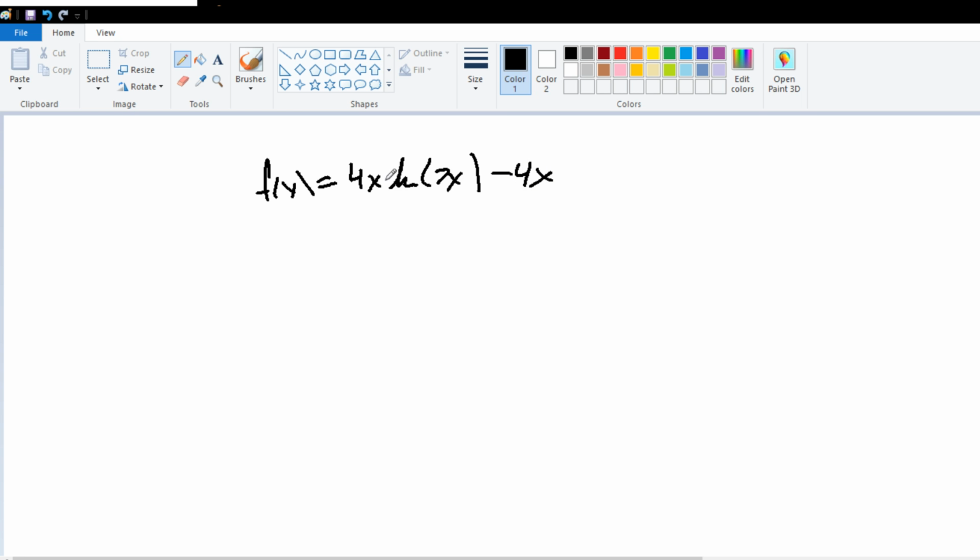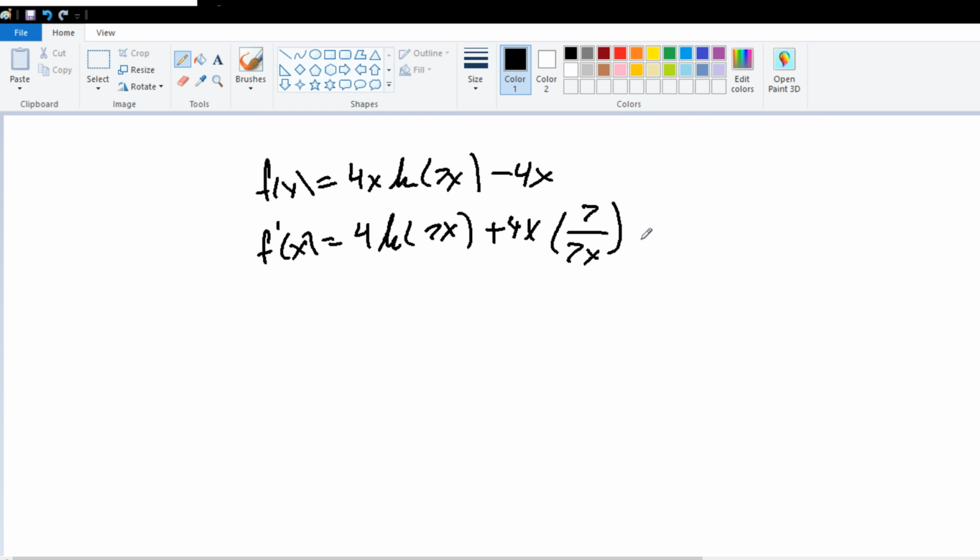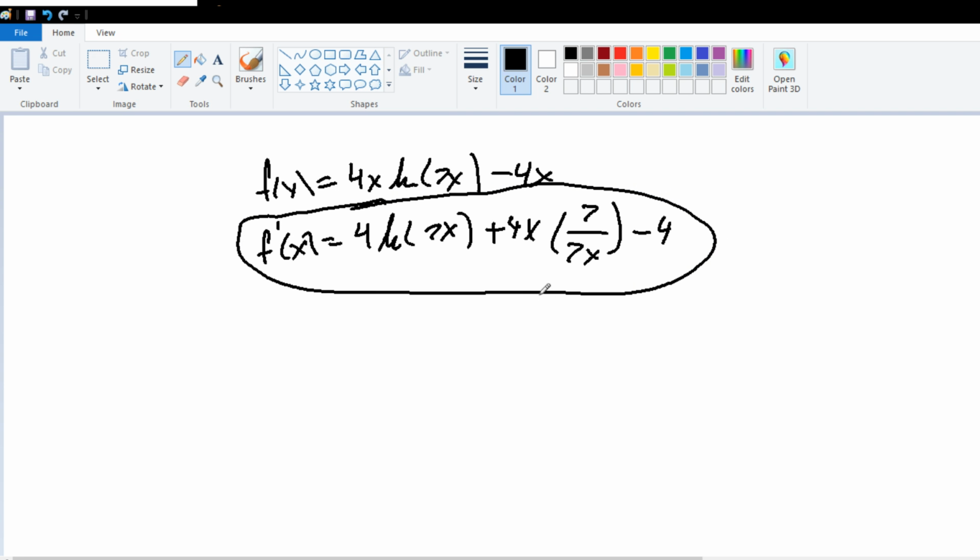We want to take this derivative, it's a product rule, so f prime of x equals derivative of 4x is 4 times the natural log of 7x plus 4x times the derivative of natural log of 7x, so we get a 7 in the top because that's the derivative of 7x, so we get a 7x in the bottom because that's the argument of natural log, and then minus 4 is the derivative of 4x. This is our derivative.